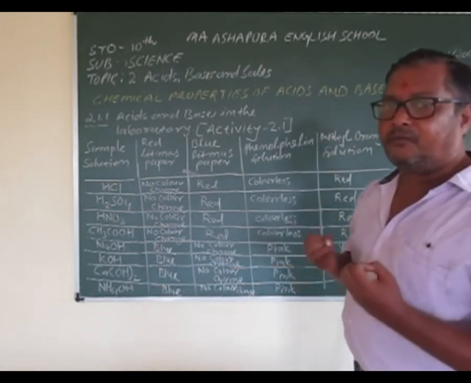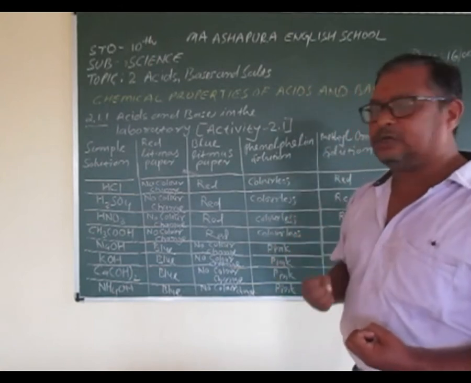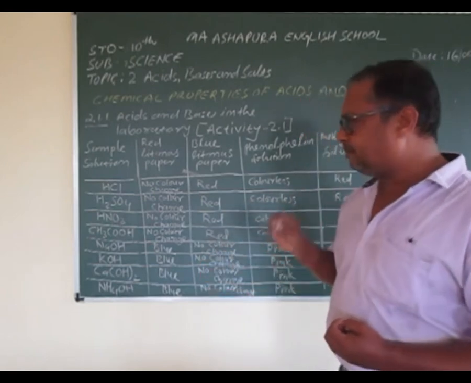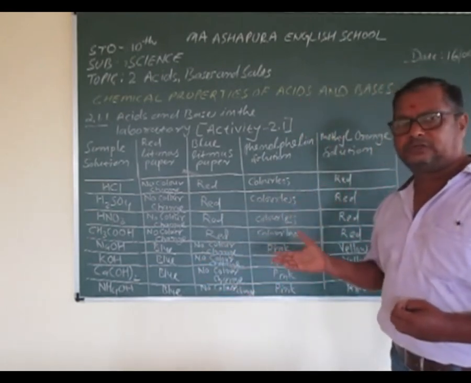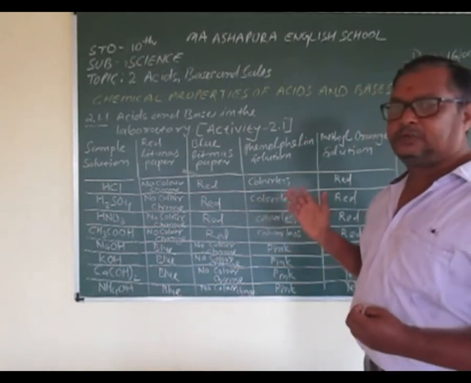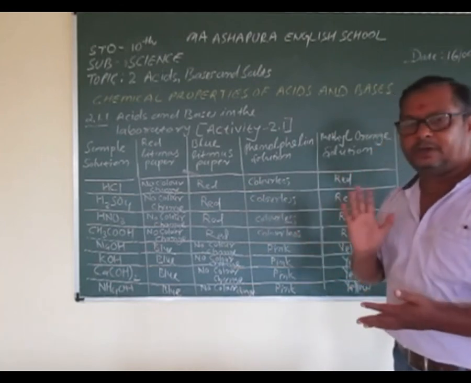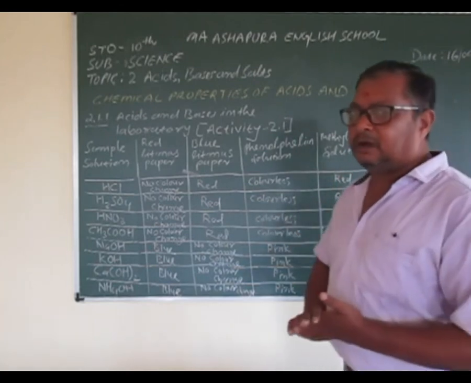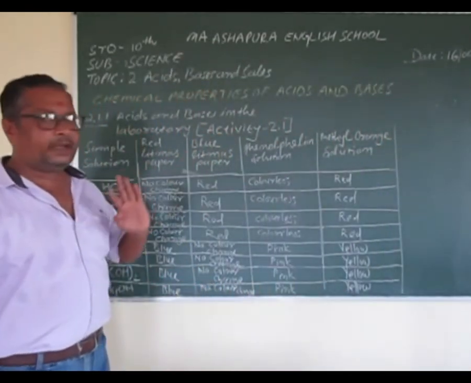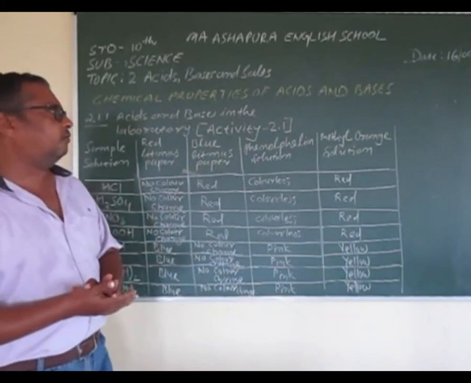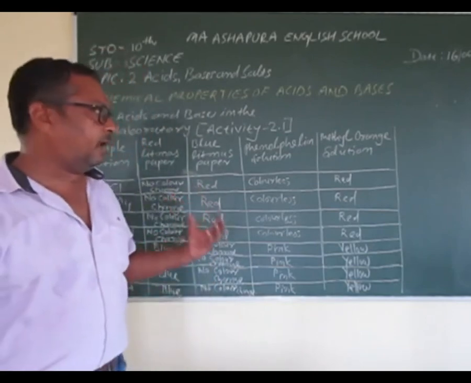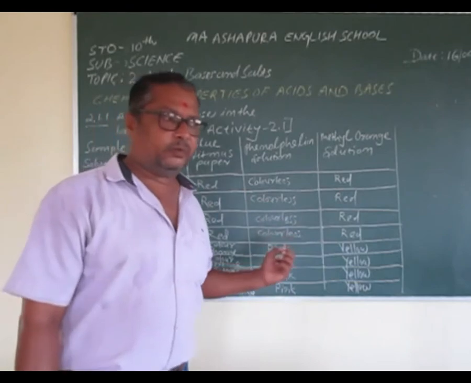We took samples of acids like HCl, H2SO4, HNO3 and CH3COOH, and some bases: sodium hydroxide, NaOH, KOH, potassium hydroxide, Ca(OH)2, calcium hydroxide and NH4OH, ammonium hydroxide. Here we used 4 indicators: first, 2 types of litmus paper, red and blue, and 2 synthetic indicators, phenolphthalein and methyl orange, and we get different types of observations.